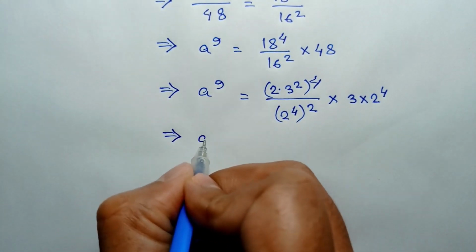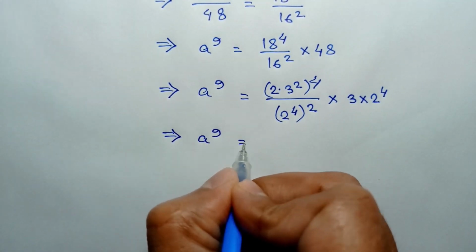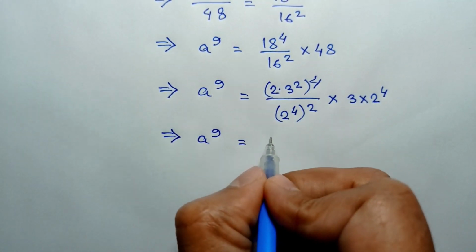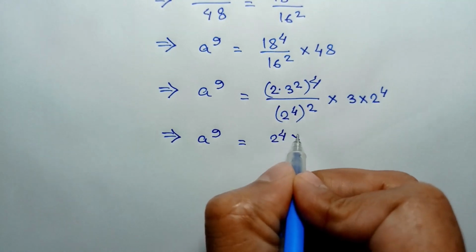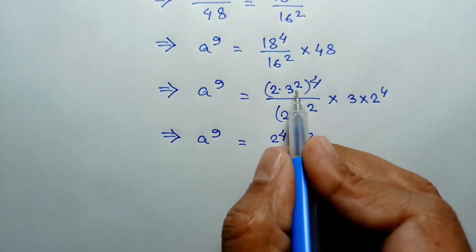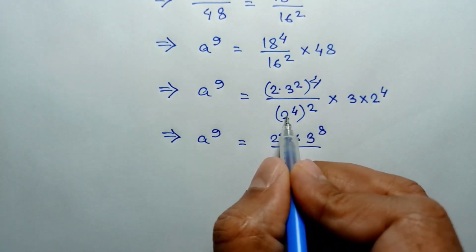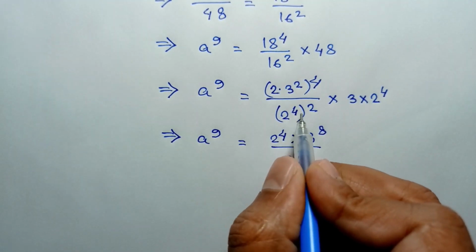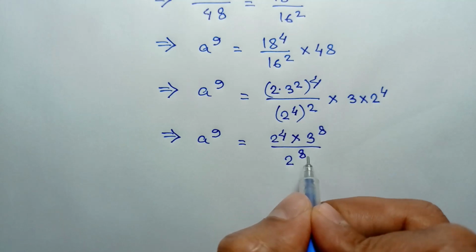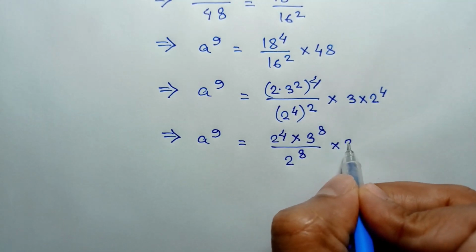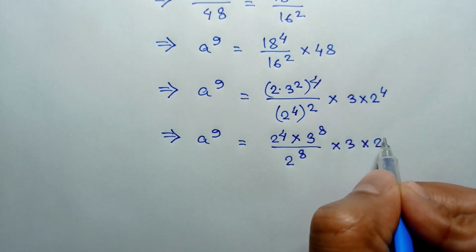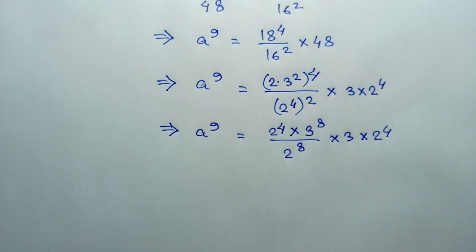So a to the power 9 is equal to 2 to the power 4 times 3 to the power 2 times 4 is 8, over 2 to the power 4 times 2 is 8, times 3 times 2 to the power 4.